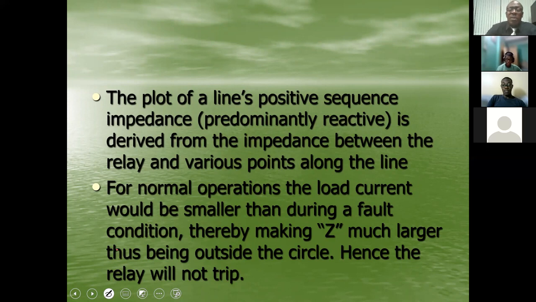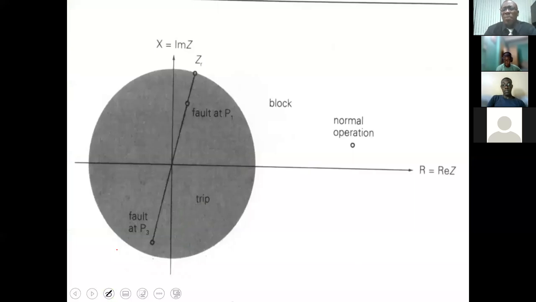So for normal operations, the load current would be smaller than during a fault, and Z would be much larger. Yes. So what we're showing here is the characteristic of your impedance relay without directional element. And let me quickly point out that this is not the only representation for your impedance relay.